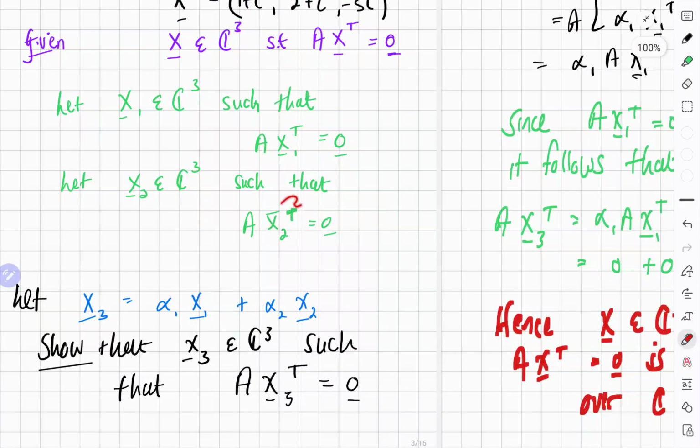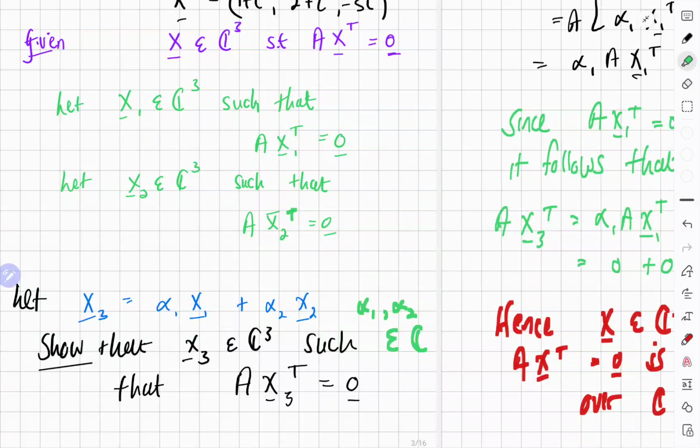Now, what we're going to do, we're going to write x3 as a linear combination of the two vectors that we've chosen, and hence the reason why we need to choose two vectors in C3. Just recall, a linear combination is when we multiply both our vectors by scalar multiples and we add them. That's a linear combination. So just make sure that you remember here that these two will be scalars.